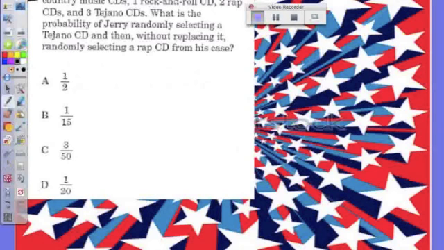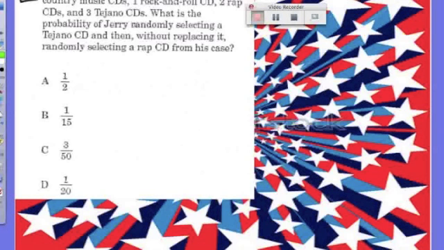Next. All right, next is this one. This is y'all's favorite, because most of y'all get this right. Keyword, keyword, keyword, without replacing means you don't put it back. You don't put it back. So that means your denominator is going to be 1 less than it was before.